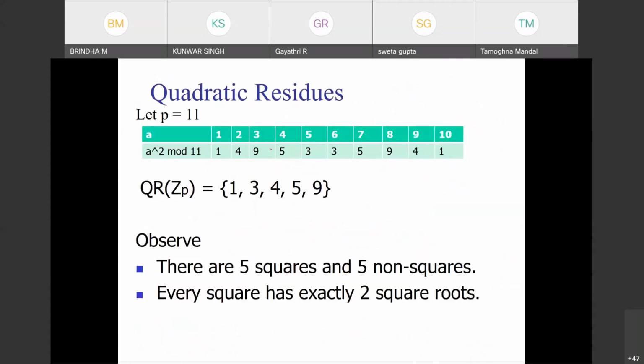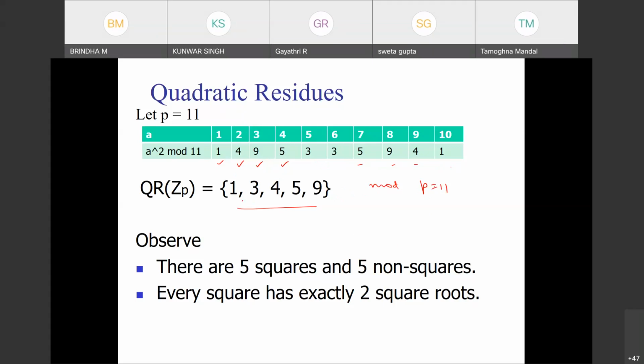Yeah, this is the equation. See here, for P equal to 11, squaring the values: 1 square is there, 4 also is there, 9 is there, 5 is there, and 3. So these 1, 4, 9, 5, and 3 are QR modulo prime P, 11.